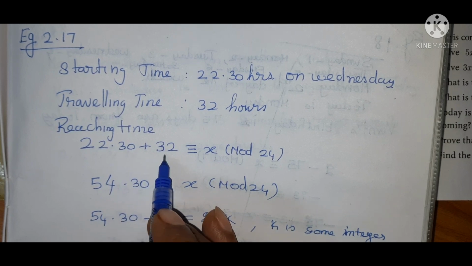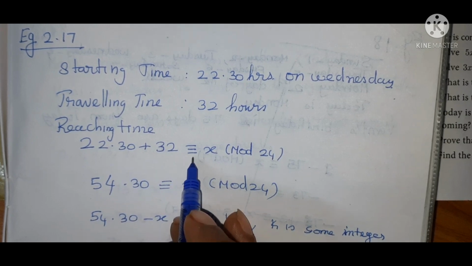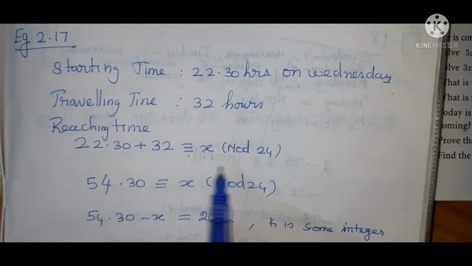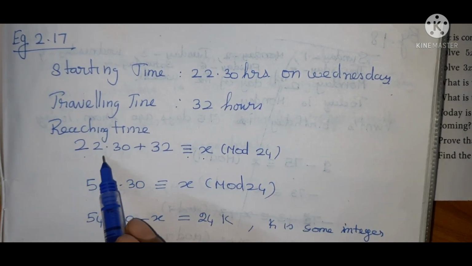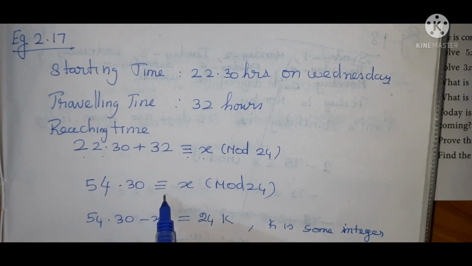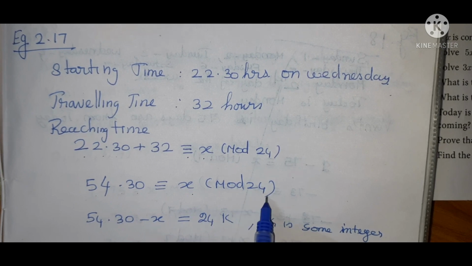22.30 plus 32 congruent to x mod 24. Here 22.30 plus 32, we get 54.30 congruent to x mod 24.